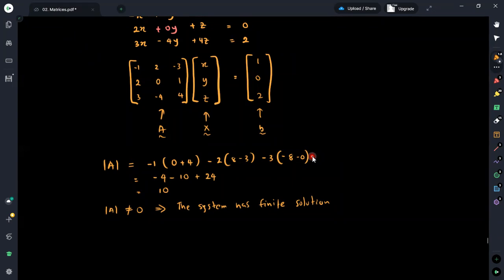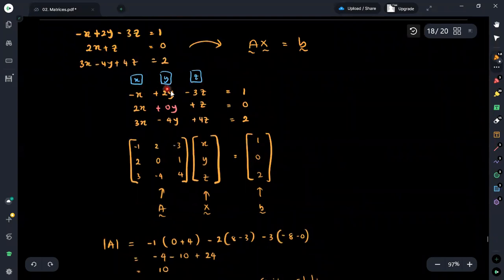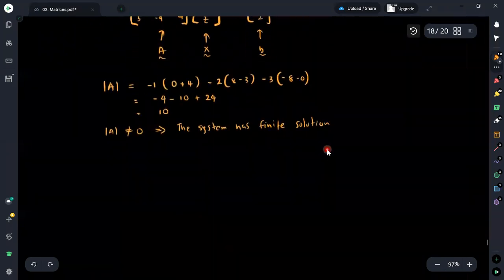Since the determinant of A is not equal to 0, the system has a solution.